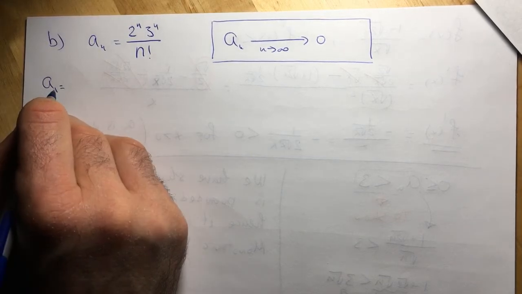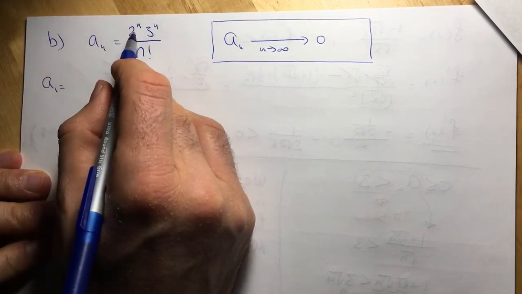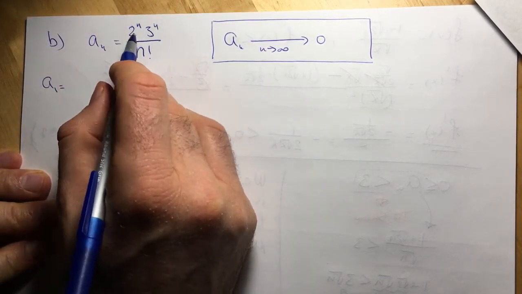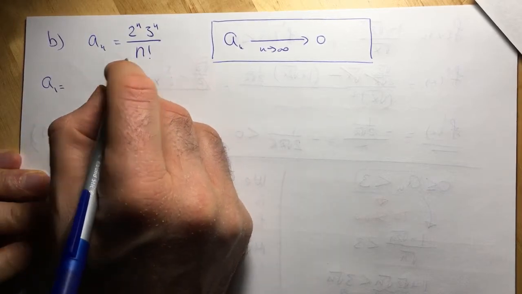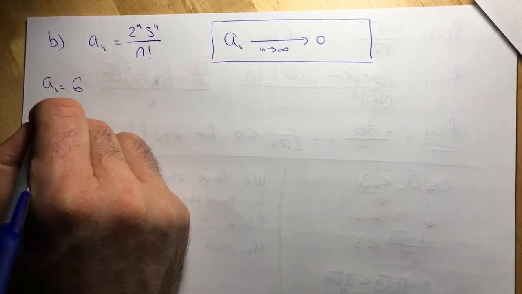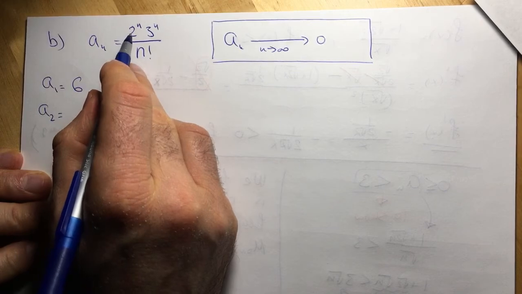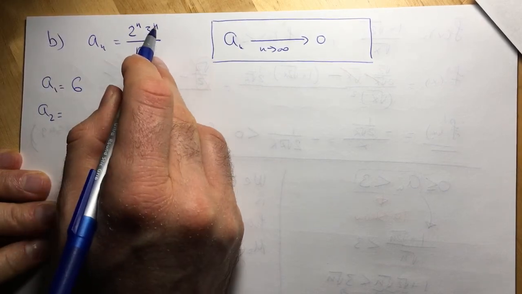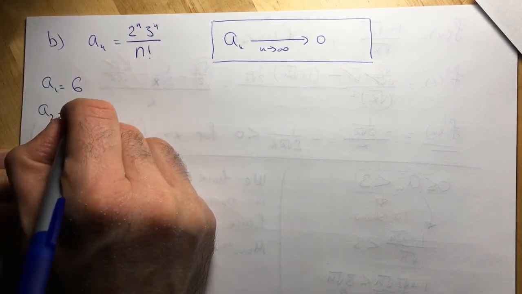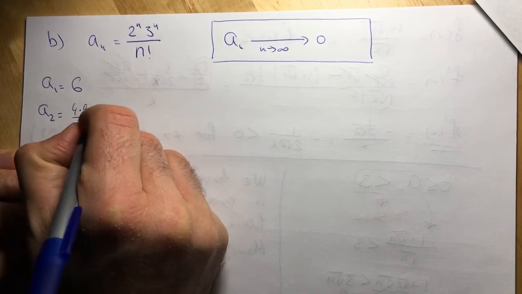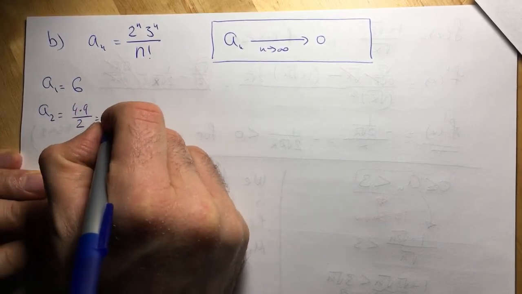When n is 1, I have 2 to the power 1 is 2 times 3 to the power 1 is 3, 2 times 3 is 6 over 1 factorial, which is 1, so 6. a_2 is 2 to the power 2 is 4, 4 times 9 over 2, that is 18.